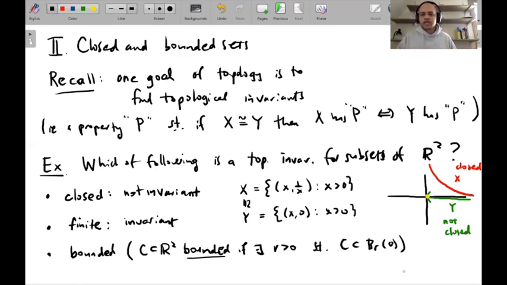So if X is finite, then Y is finite. It doesn't matter whether or not they're subsets of R2. And finally, bounded. This is not an invariant.